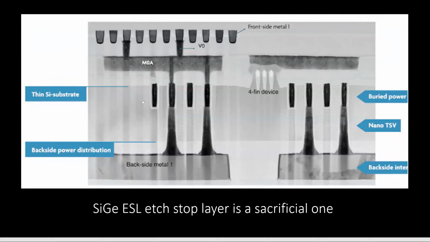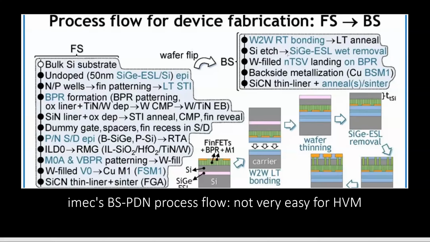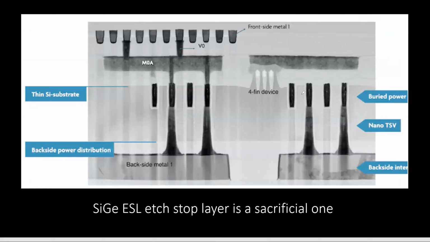You remove it, so you don't see that. Here you have a step to remove it. That's the pink one, you remove it later. And so at the end, when you see the actual device, you don't see that. Here is your backside. Here you're close to the device. This is a simple 4-pin device.